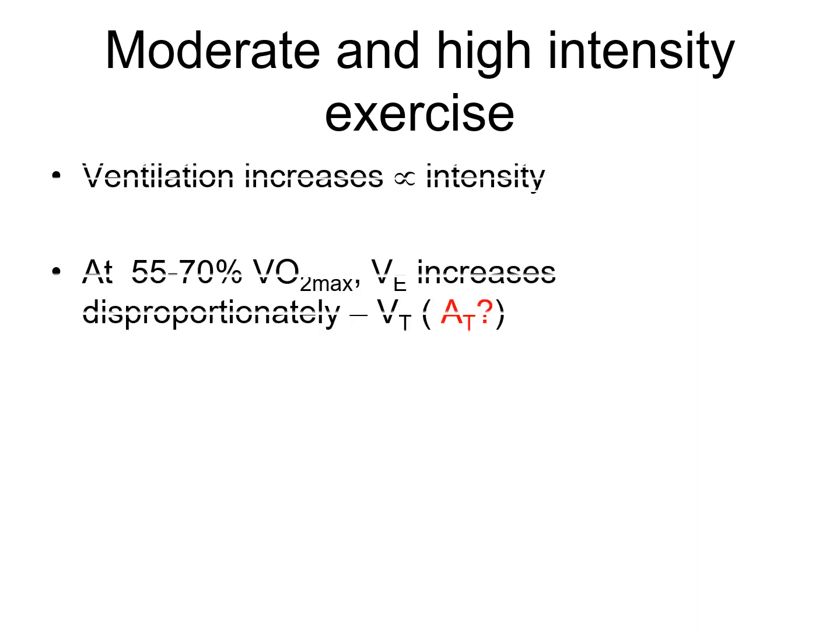For moderate to high intensity exercise though, ventilation increases proportionately to exercise intensity, as we said on the previous slide, up to around 55% of VO2 max for most healthy individuals.